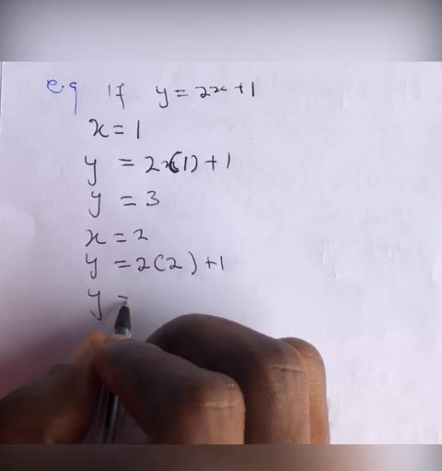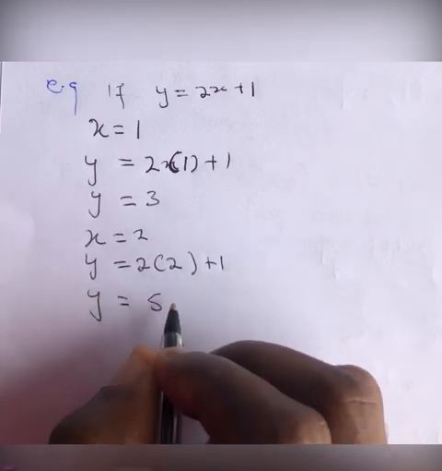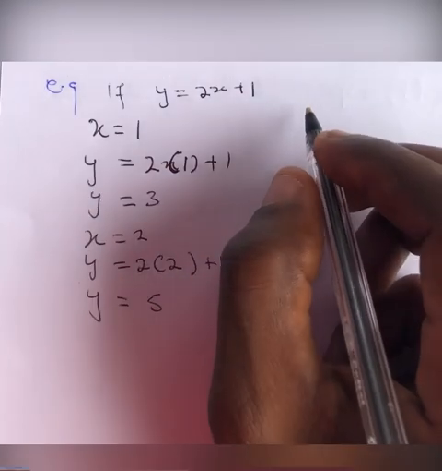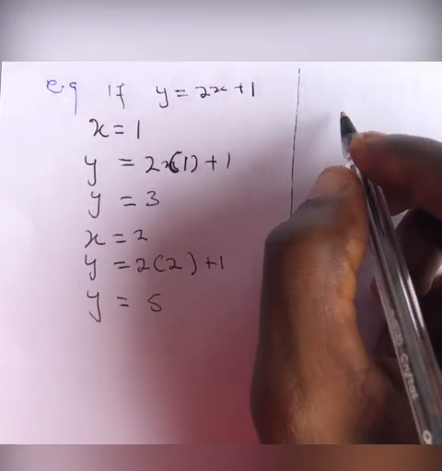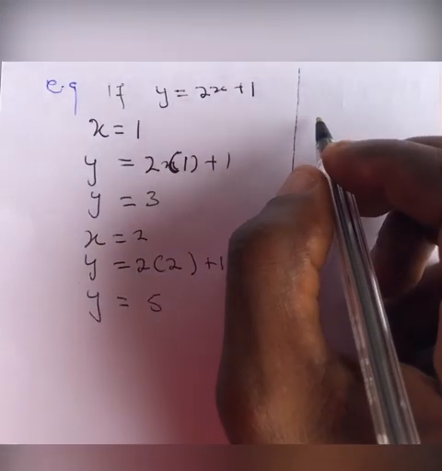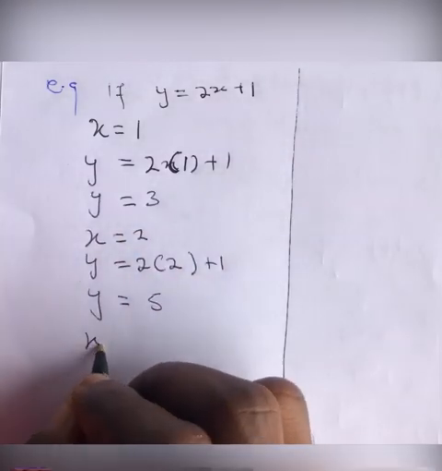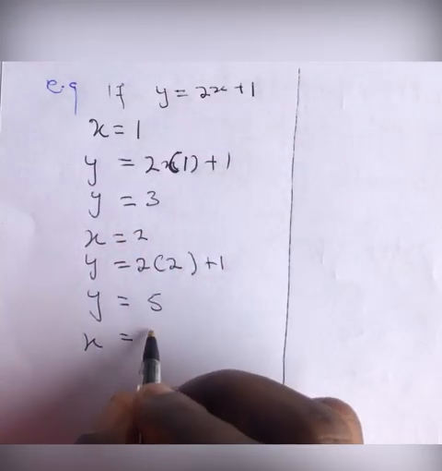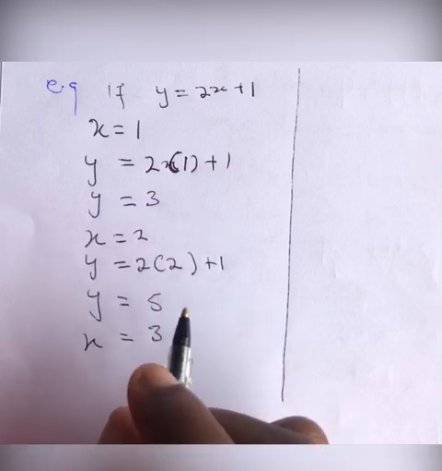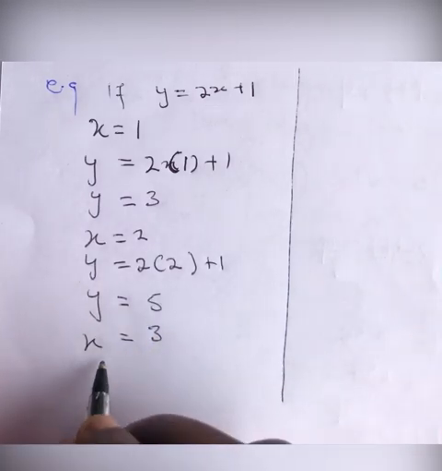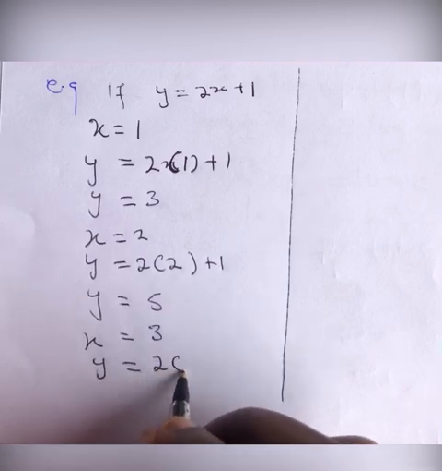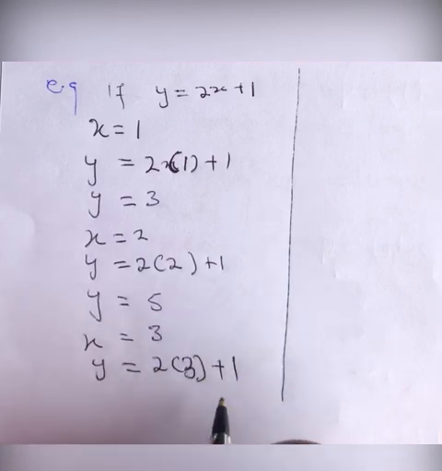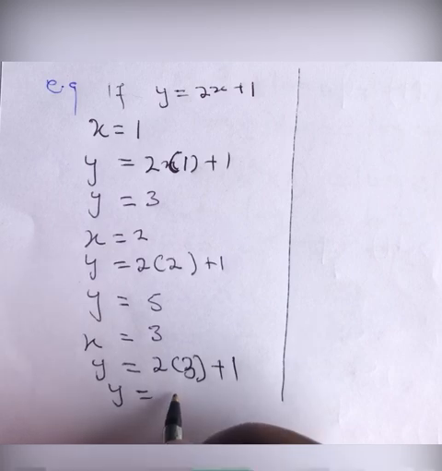And I have y to be 5. Okay, so when x equals 3, then I have y equals 2 multiplied by 3 plus 1. So y will be 7. Okay.